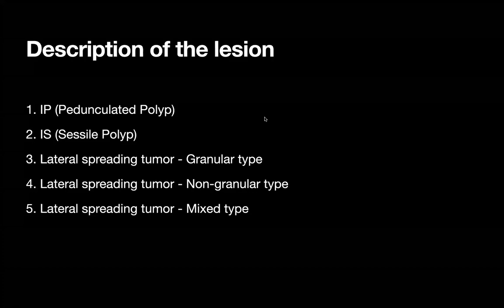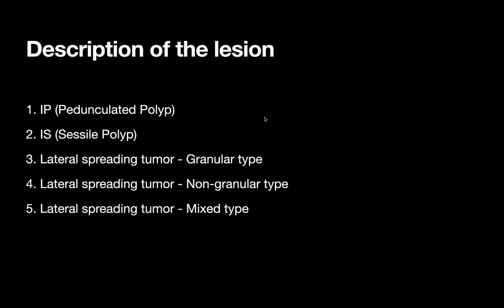Okay. So one of the things that I suggest when you see a polyp and you are debating whether it is a sessile or pedunculated, you need to ask yourself whether the polyp is in a dependent position or non-dependent position. So you find out by putting in some water and see where the water collects. If the water collects near the polyp, it is in a dependent position.